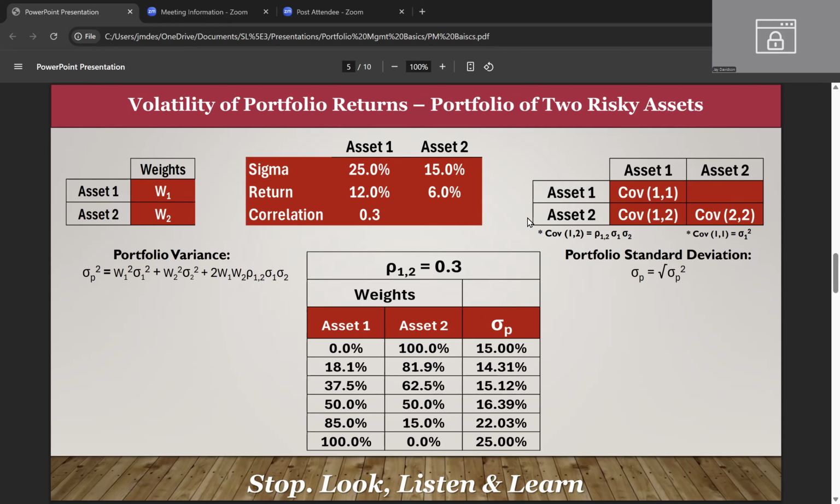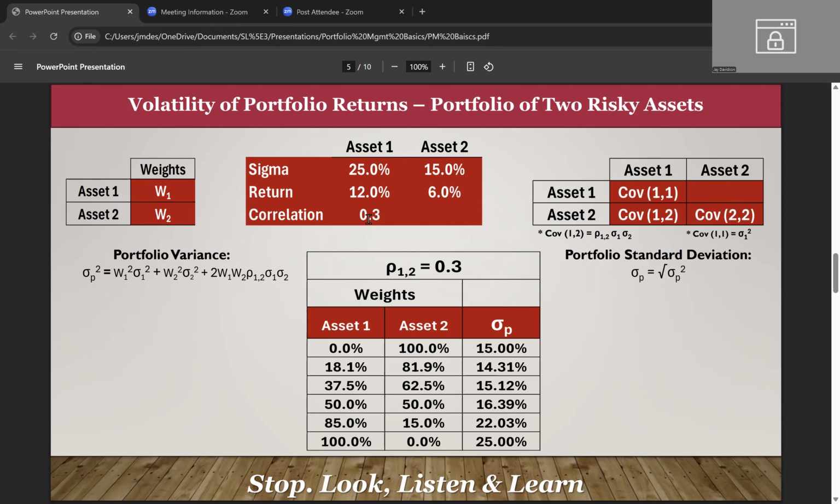Basically the takeaway from this slide is that you look to see how much you invest in asset one, how much you invest in asset two, and then they're going to give you the standard deviation of asset one, the standard deviation of asset two, and they'll have to give you the covariance of asset one and asset two, or they'll give you the correlation.